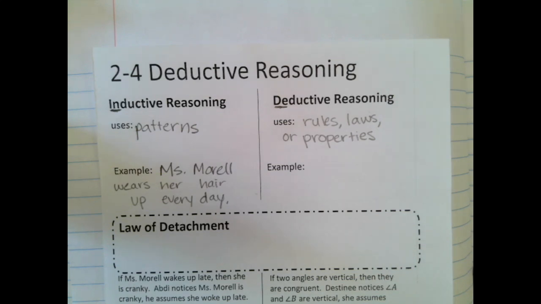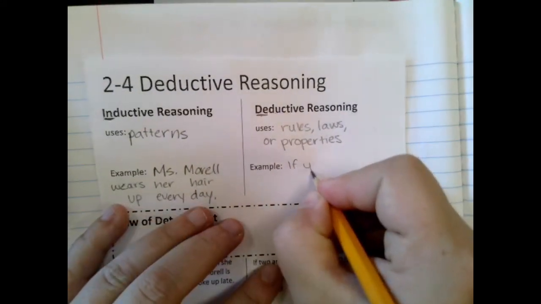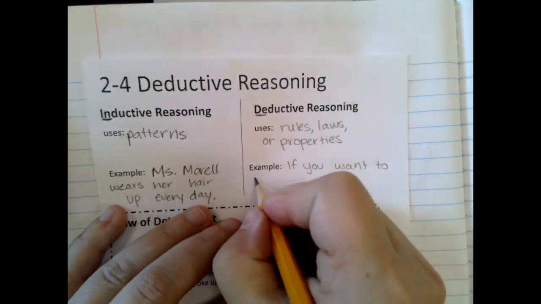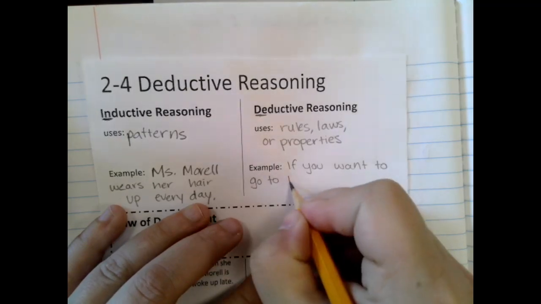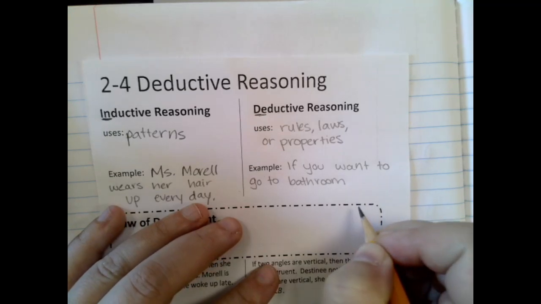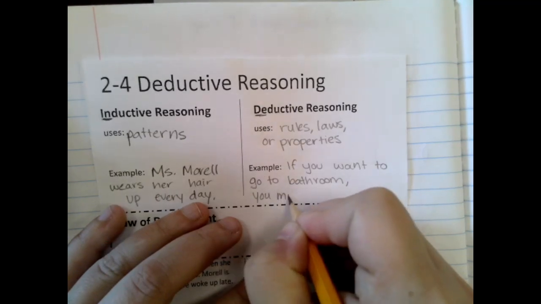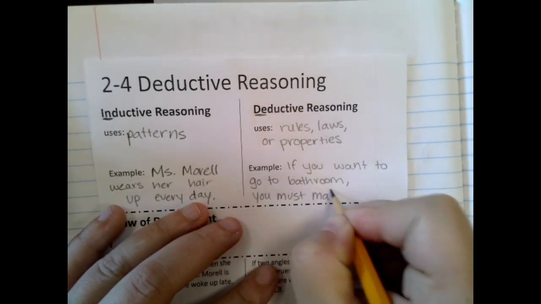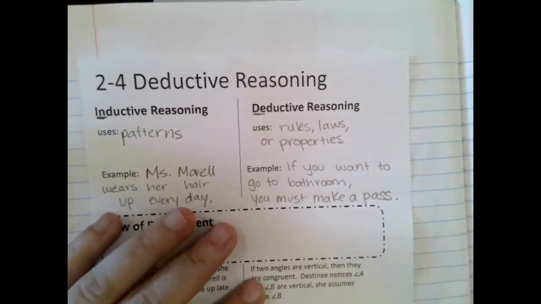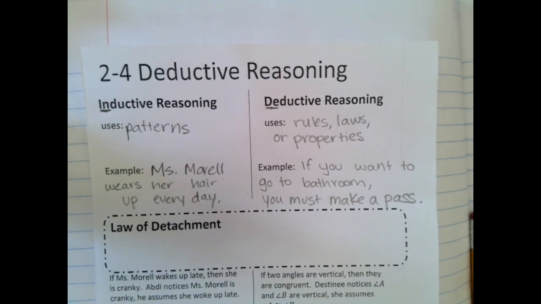What's the rule? You have to make a pass. So if you want to go to the bathroom, you must make a pass. And that's a school rule, saying that if you want to go use the restroom, you need to make a pass in that e-hall pass.